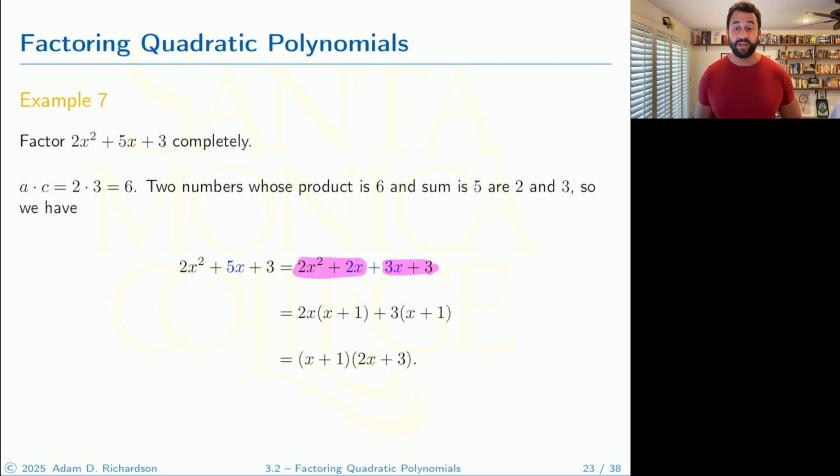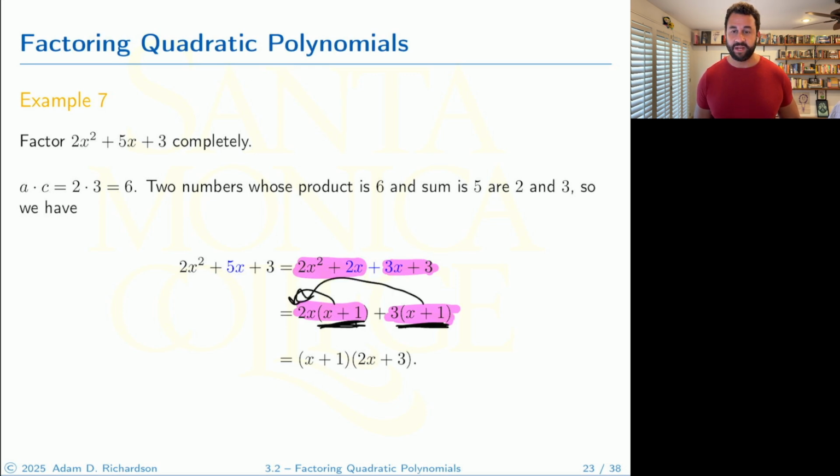Okay, now here's the cool part. If you look at what remains, there are only 2 terms now. There's this term and this term. There are 2 terms in the whole expression, but each of those 2 terms has a common factor of x plus 1. So we're going to factor that out.